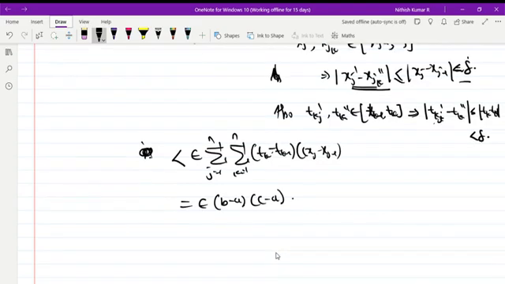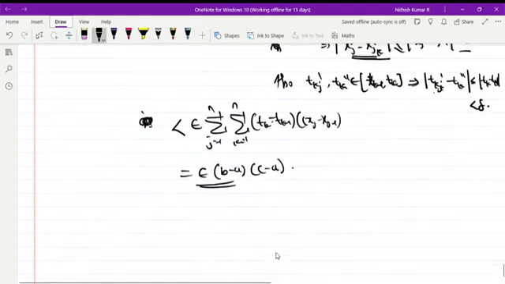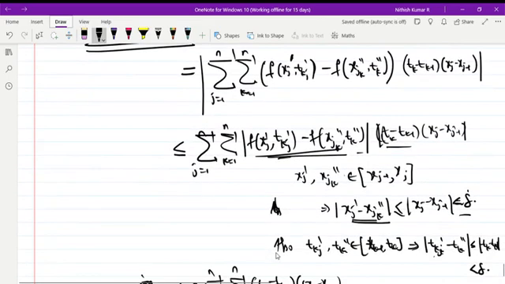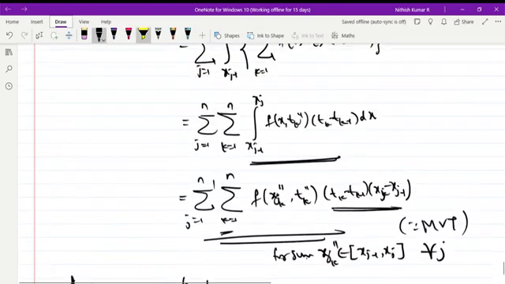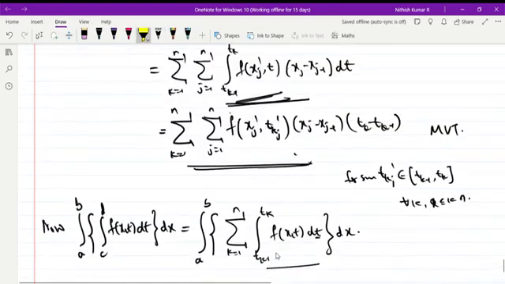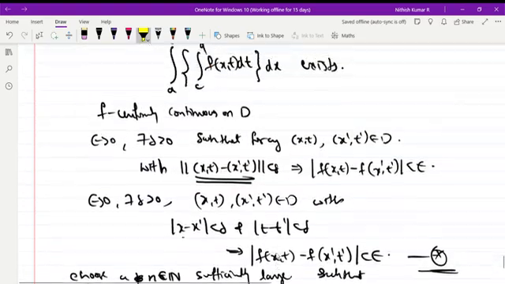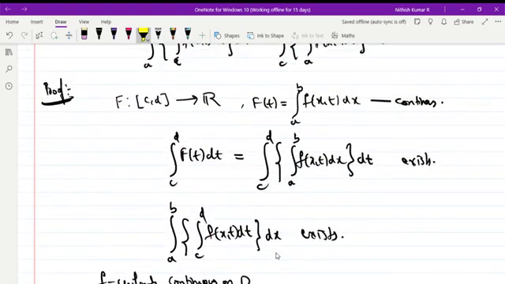Now this is equal to epsilon into, taking summation, we get epsilon into (b minus a) into (d minus c). Now since epsilon greater than 0 is arbitrary, we get this difference is less than epsilon.